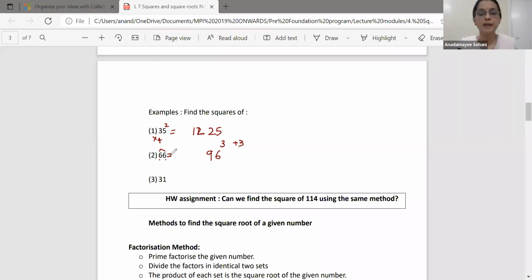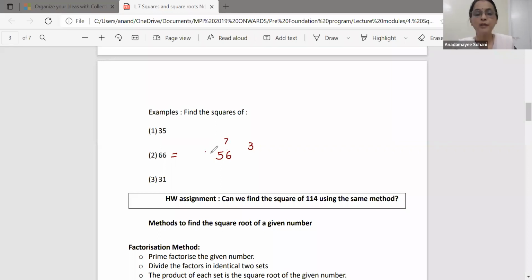Don't distract me, Baba. 6 square is 36. 6 written, carry over 3 in the first step. Second step, 6 6s are 36 into 2, that is 72. 72 plus 3 will be 75. So 5 is written and 7 carried over. And the third step is 6 square 36 plus 7 gives me 43.